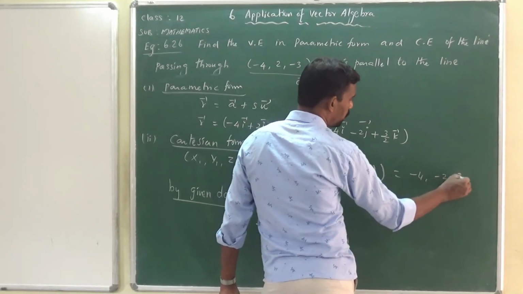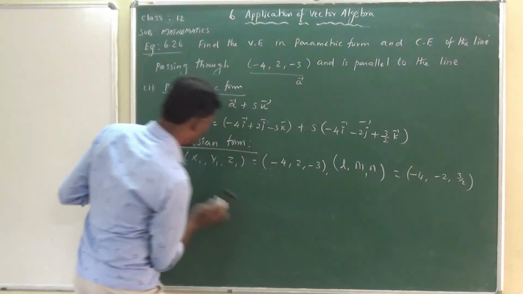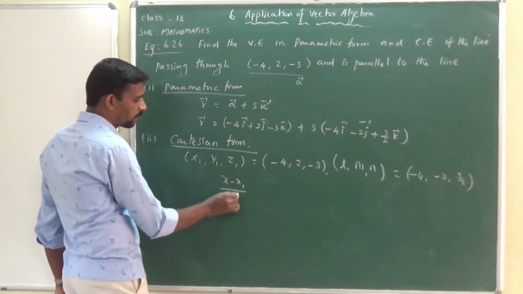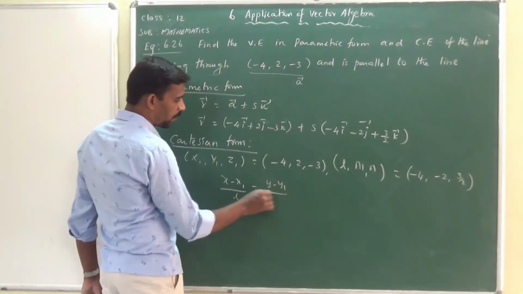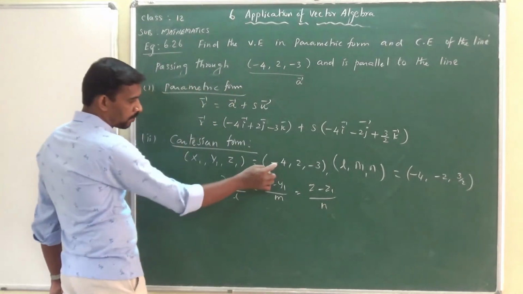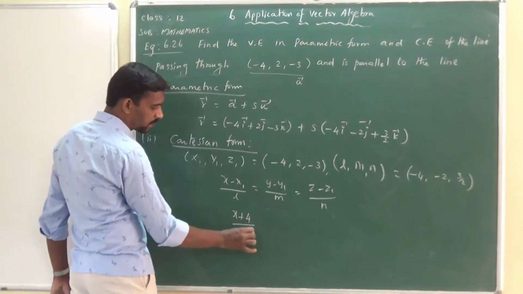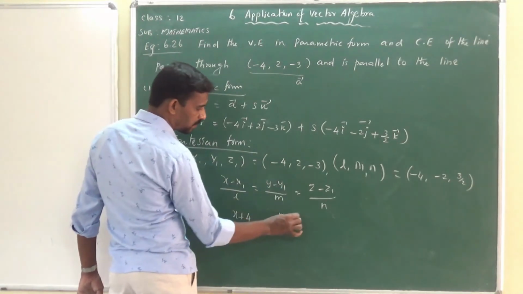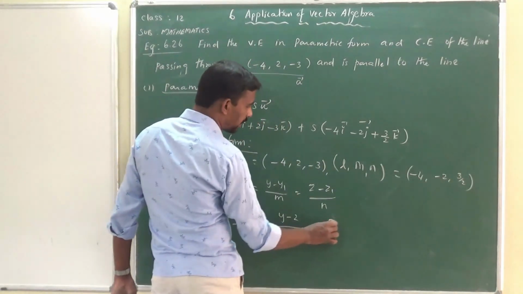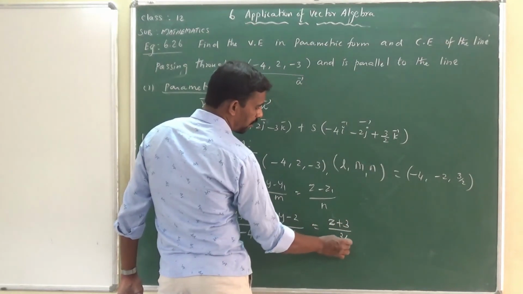Now we have to apply the general equation: x minus x1 divided by l, y minus y1 divided by m, z minus z1 divided by n. So minus of minus 4 means plus 4, so x plus 4 divided by minus 4. Here y minus 2 divided by m. What is the value of m? Minus 2. Here z minus of minus means plus 3 divided by 3 by 2.